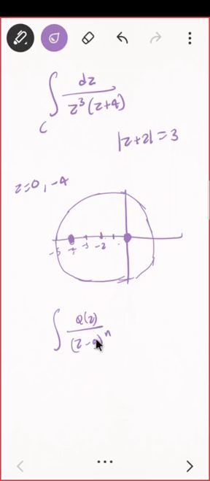But there are two singularities inside your contour. So the best thing is to use the Cauchy residue theorem here, correct? Otherwise also you can do it by separating them, 1 upon z cube and 1 upon z plus 4, but the best way is to use the Cauchy residue theorem.